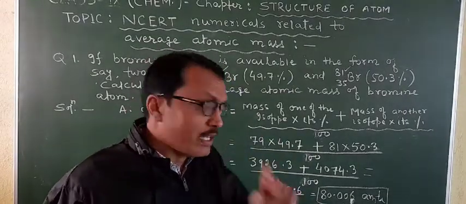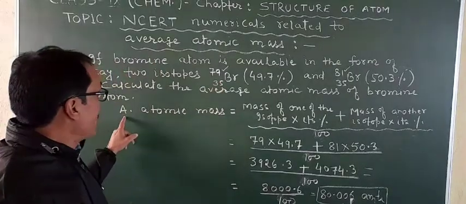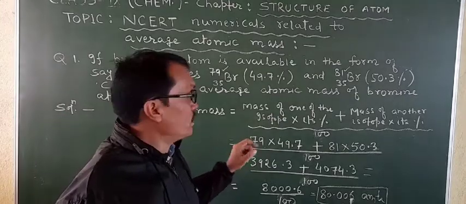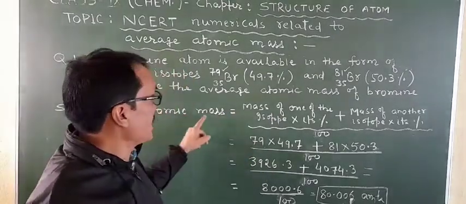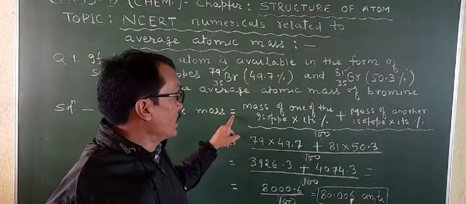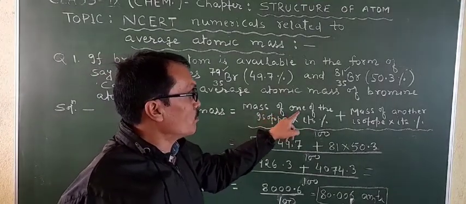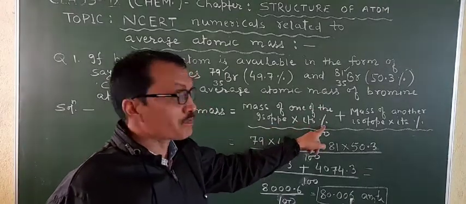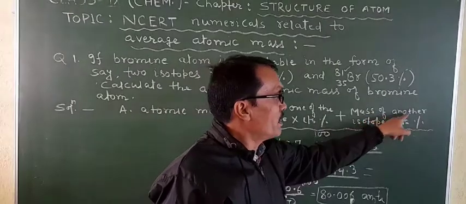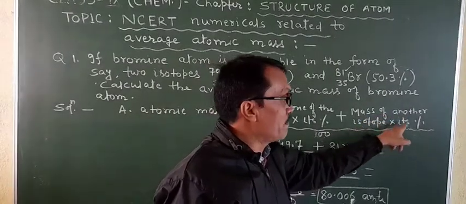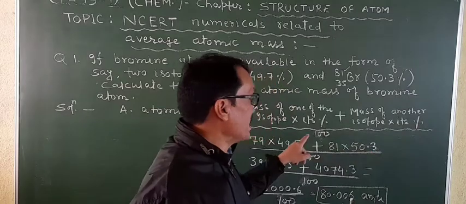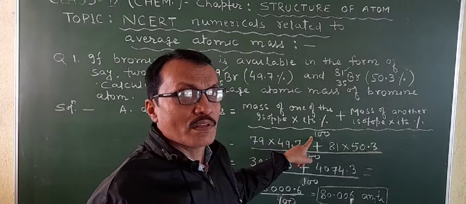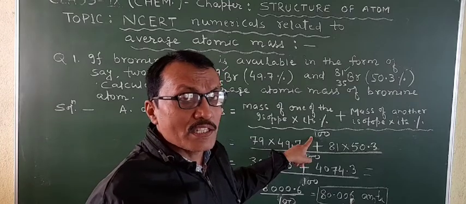So keep in your mind, to find the average atomic mass, you can use this formula: average atomic mass is equal to the mass of one isotope multiplied by its percentage, plus the mass of another isotope multiplied by its percentage, divided by 100. In this way, average atomic mass is calculated.